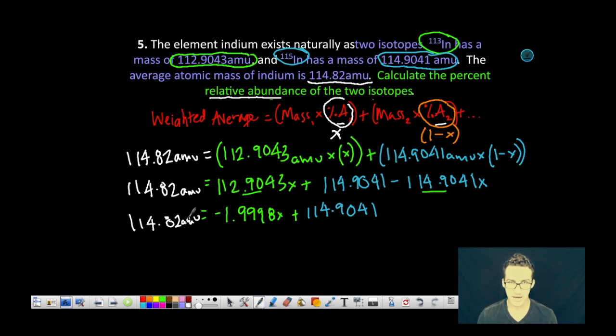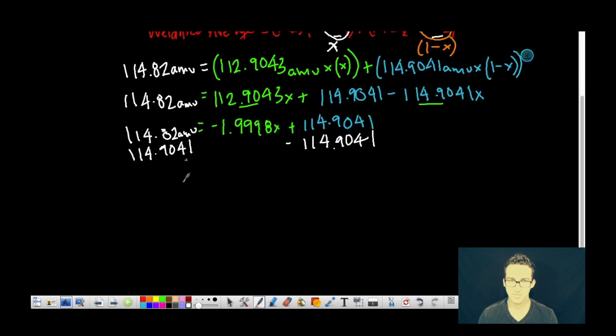Getting close. Then to solve for x, we're going to subtract 114.9041 from each side. Which will leave us with negative 0.0841 on our left-hand side of the equation and negative 1.9998x on the right-hand side.